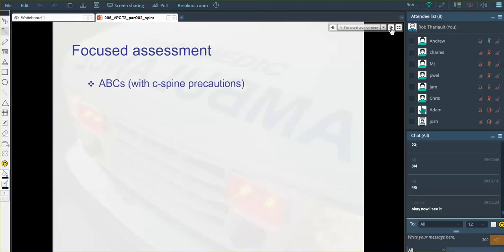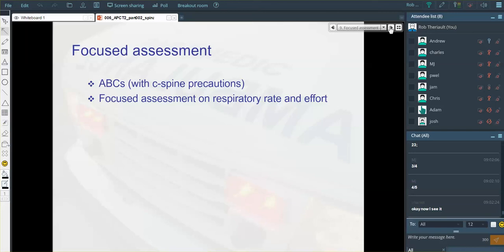So in terms of assessments, we do our ABCs with C-spine precautions, obviously, and our assessment needs to be focused on their respiratory rate and effort and their hemodynamics. If they've got injury to 3, 4, and 5, there's a saying, 3, 4, and 5 keep the diaphragm alive. If they've got injury to that level, they may have depressed respirations, and it may be very subtle.